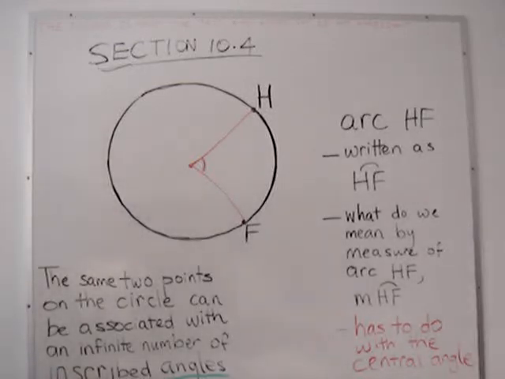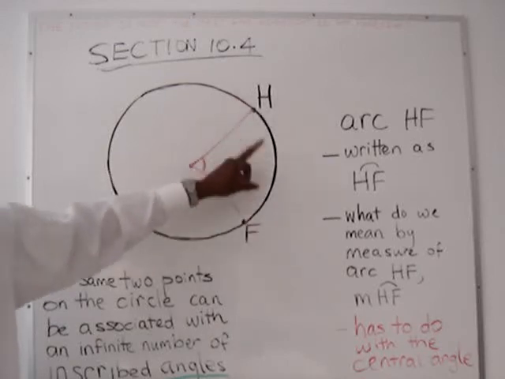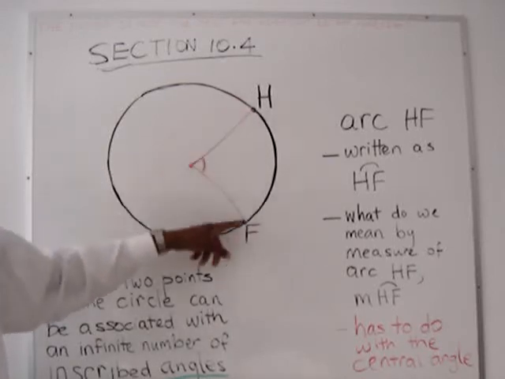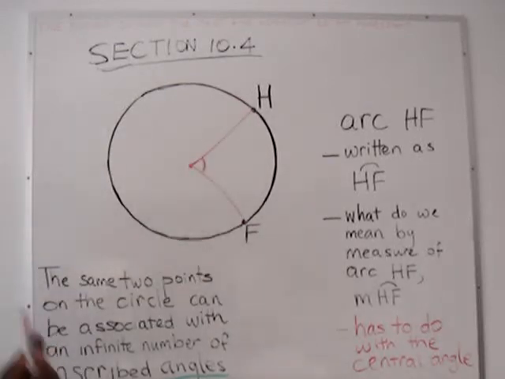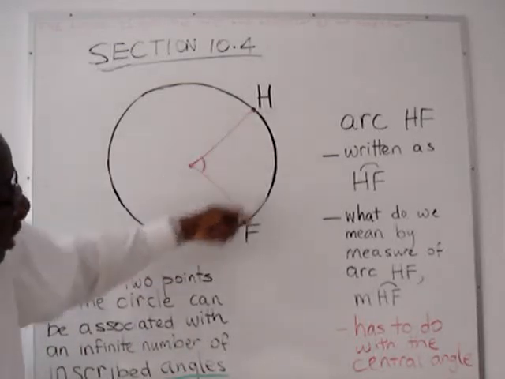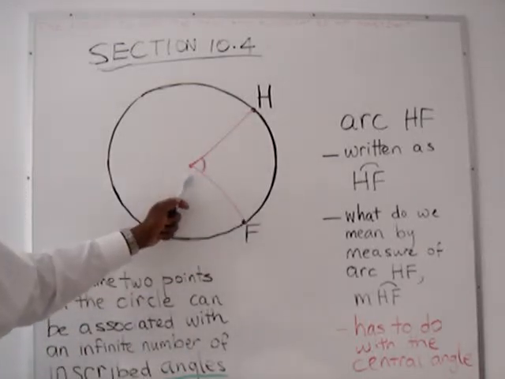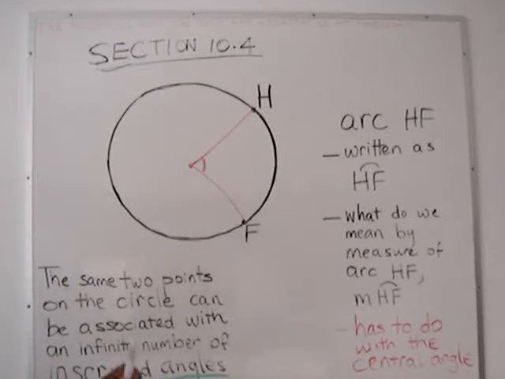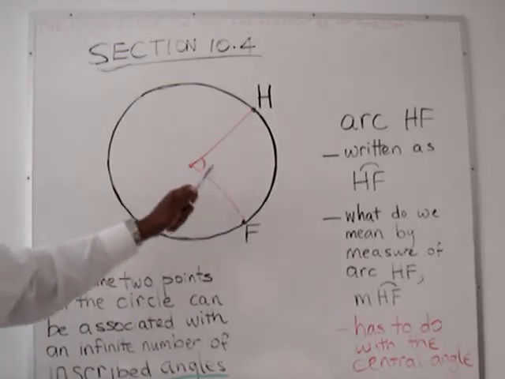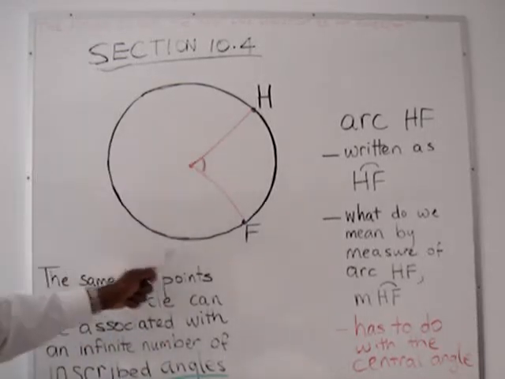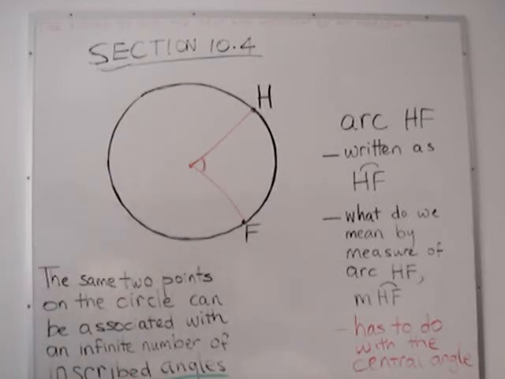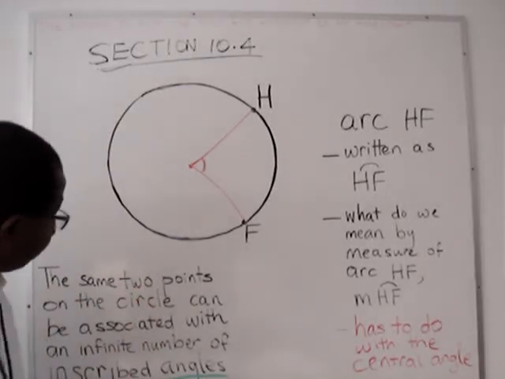What do I mean by an infinite number? Let's look at a few inscribed angles that we can associate with H and F. Remember, the measure of an arc comes back to the center, but the inscribed angles have to go back to the perimeter of the circle. What do I mean by that?